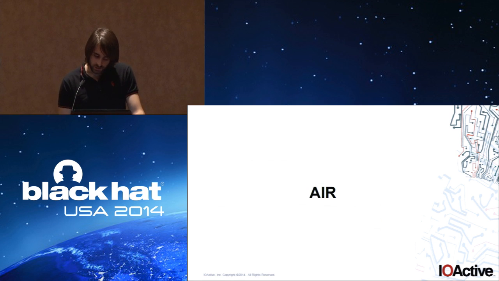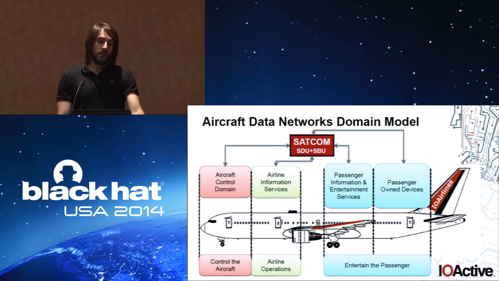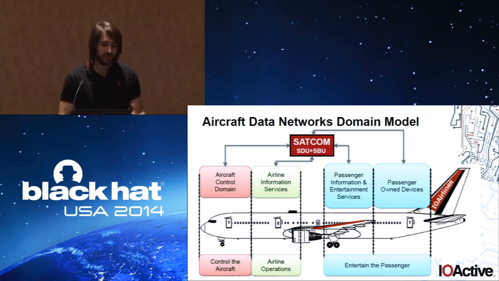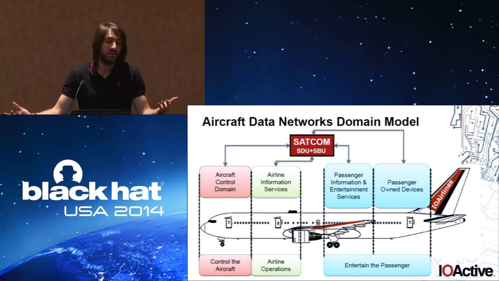So let's talk about Air. Just to put things into context, let me briefly introduce the aircraft data network domain model, described in the ARINC 664 standard. There are different domains inside an aircraft. For example, the passenger information and entertainment services and the passenger-owned devices share the same purpose, which is basically to entertain the passenger.